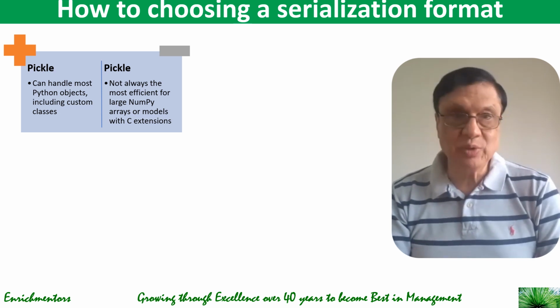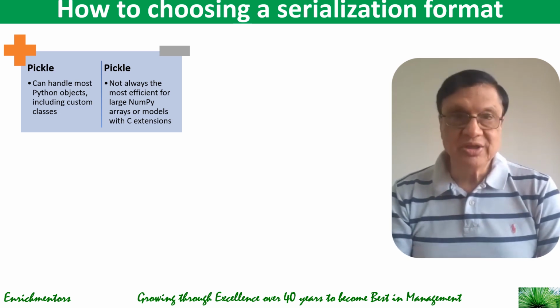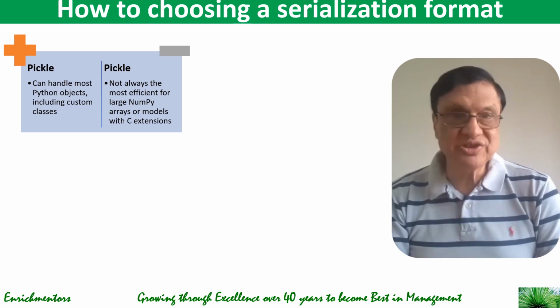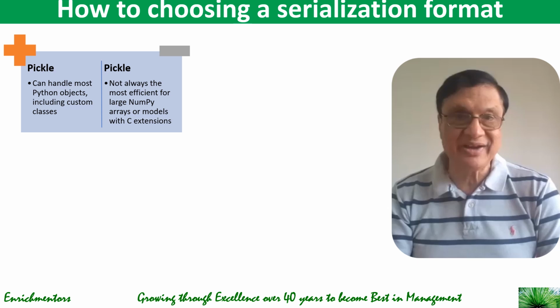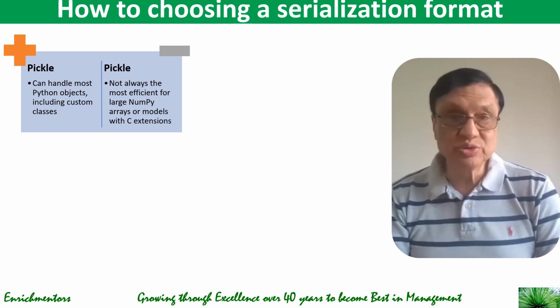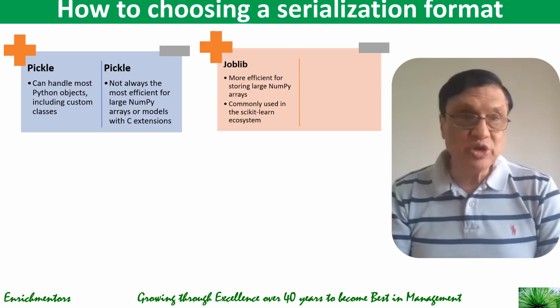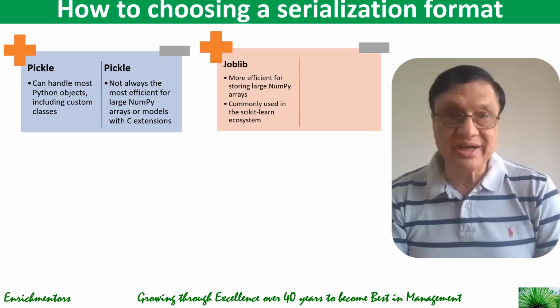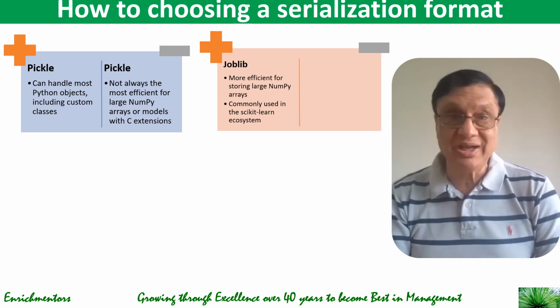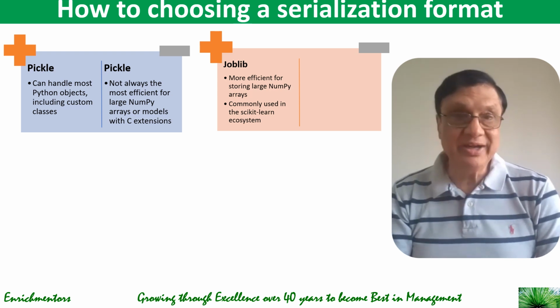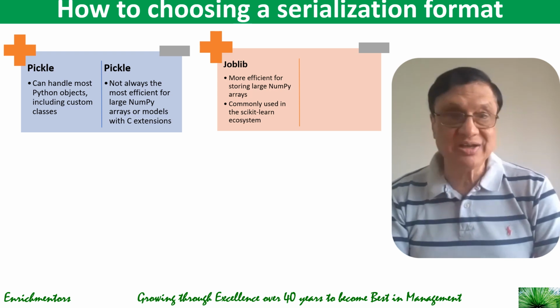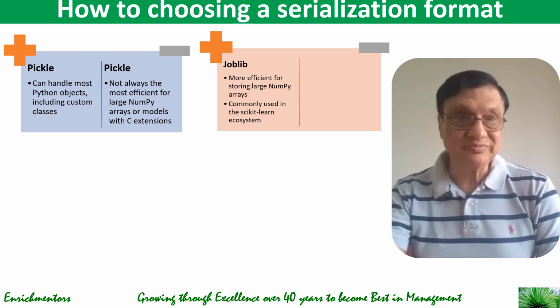Pickle can handle most Python objects, including custom classes, but it is not always the most efficient for large NumPy arrays or models with C extensions. So you know where to use it and where not to use it. On the other side, Joblib is an alternative to Pickle that is more efficient for storing large NumPy arrays, and it is commonly used in the scikit-learn ecosystem.